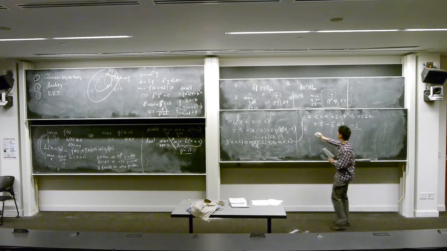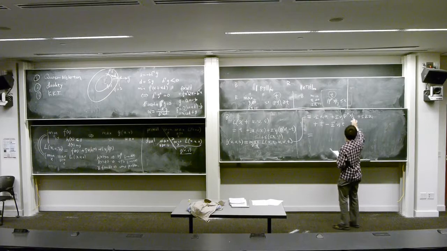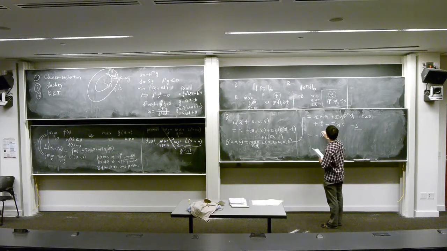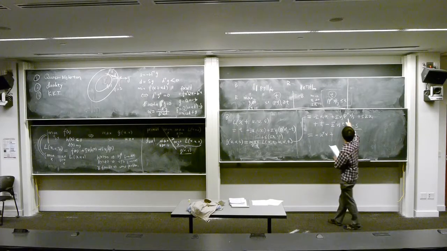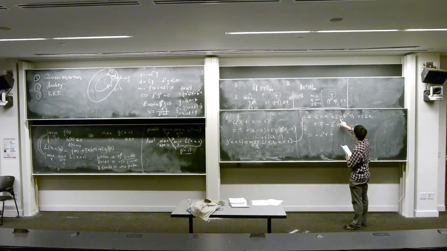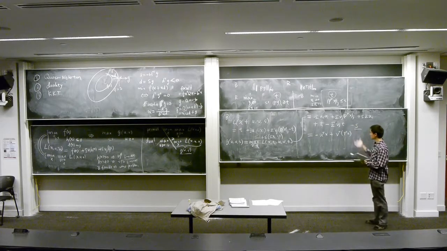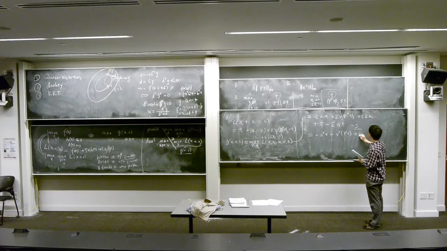Okay, and now I'm better off just writing them in matrix forms. So this is u transpose x plus, this is the inner product of a vector and a sum, so this is v transpose p transpose x, because p transpose x is a common vector. And then I have s times 1 transpose x.